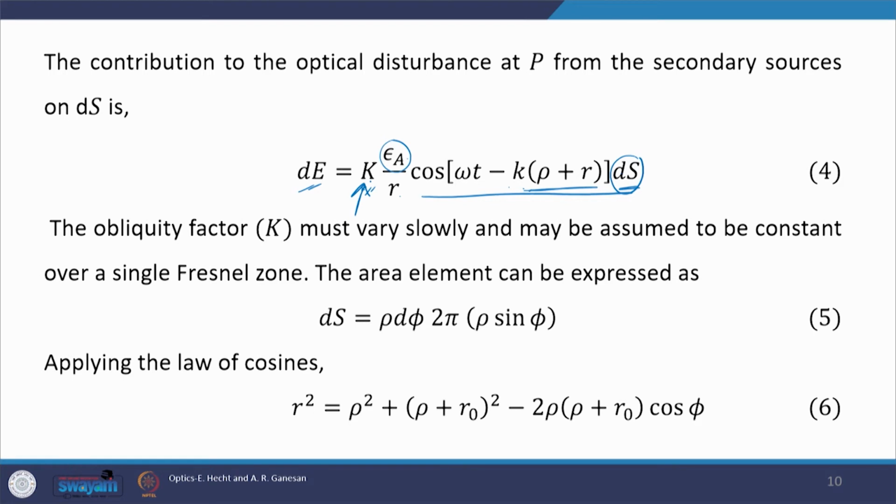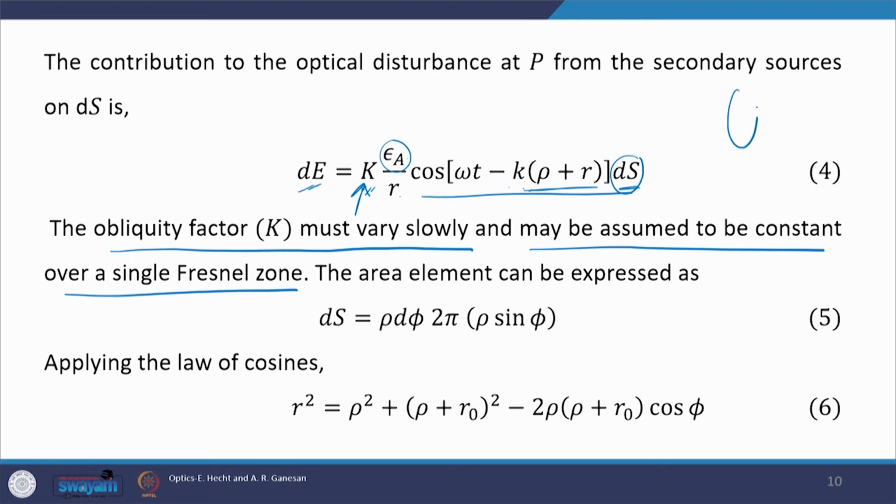The obliquity factor must vary slowly and may be assumed to be constant over a single Fresnel zone. Why? Because a Fresnel zone is very thin. Each Fresnel zone is defined by some annular ring, and this annular ring's inner circle is at a distance, say r prime, and the outer circle is at a distance r prime plus lambda by 2.